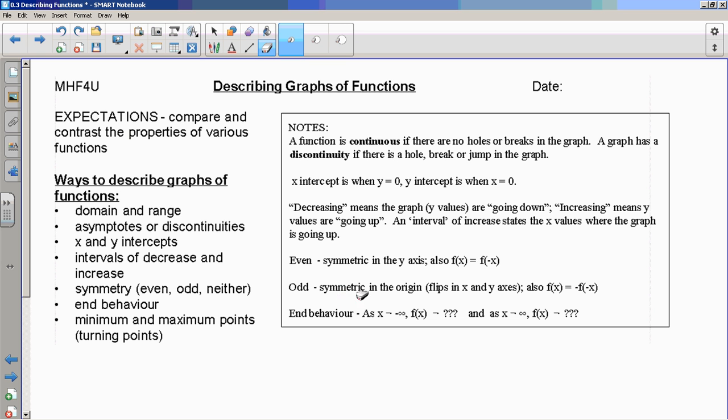Similarly, odd is symmetric through the origin, or flips in both axes, and that's the algebra that's involved. And a function could be neither. So for instance, the exponential function is neither even nor odd because it's not symmetric in the y-axis, and it's not symmetric through the origin. So this one is neither even nor odd.